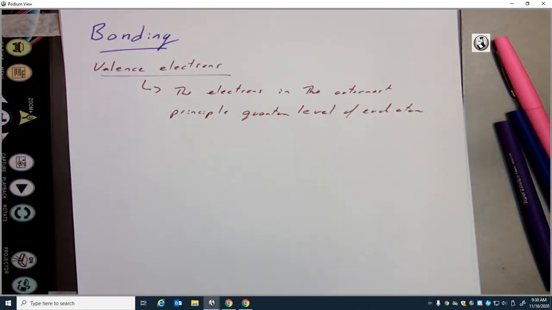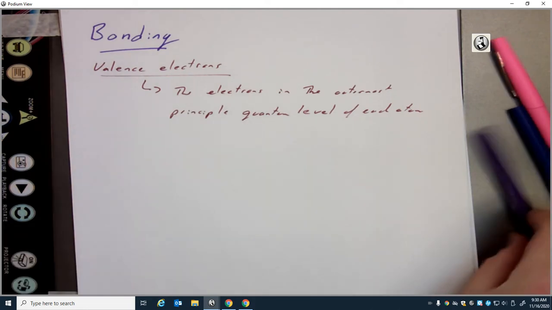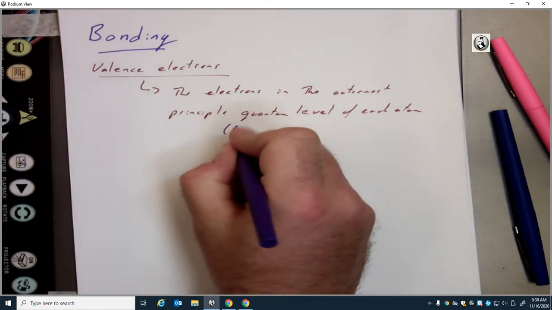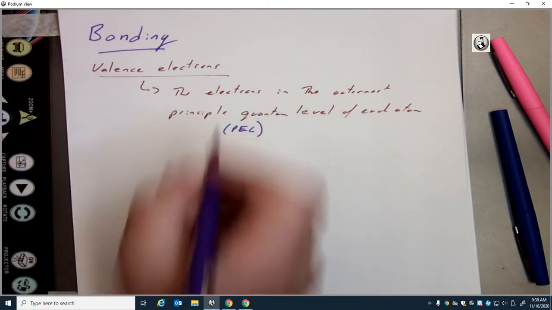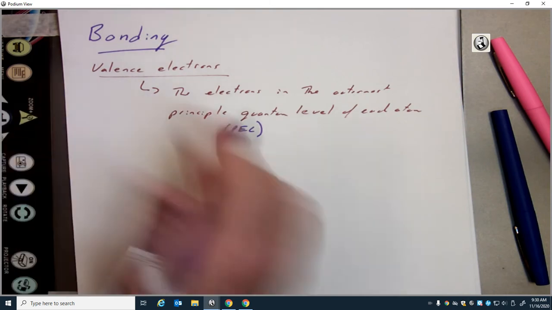And another way to say that is the outermost PEL of each atom. So those are my valence electrons.